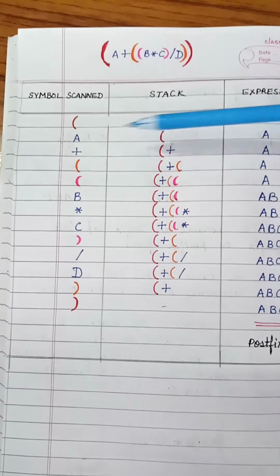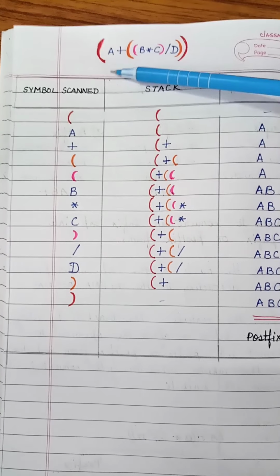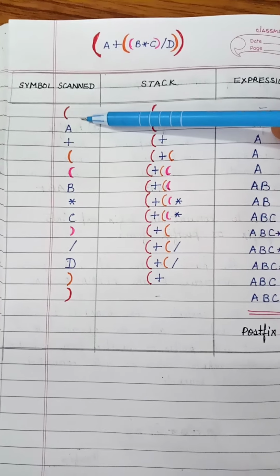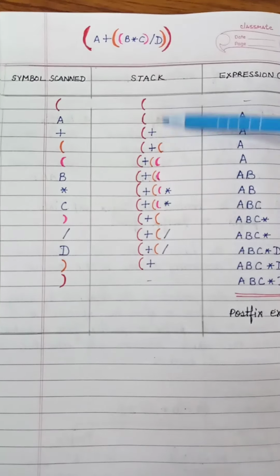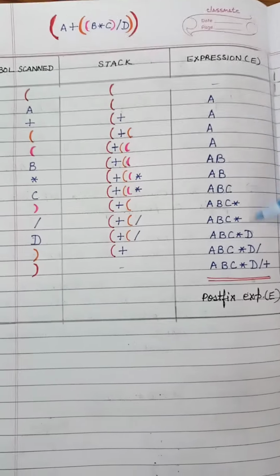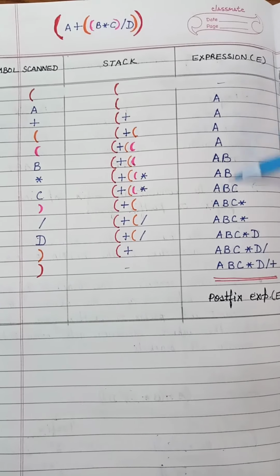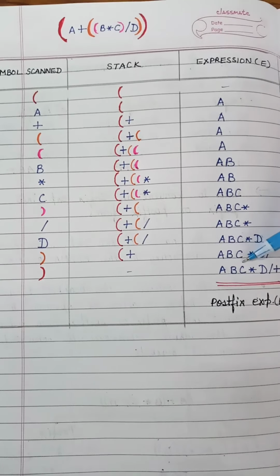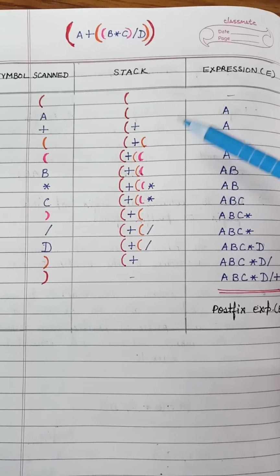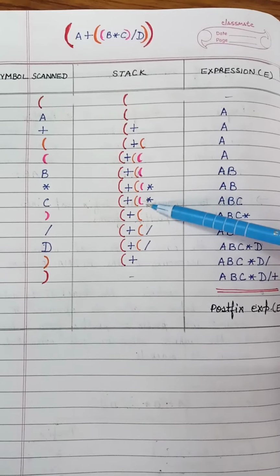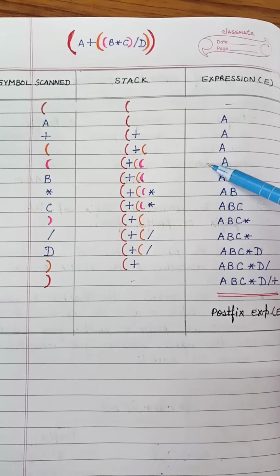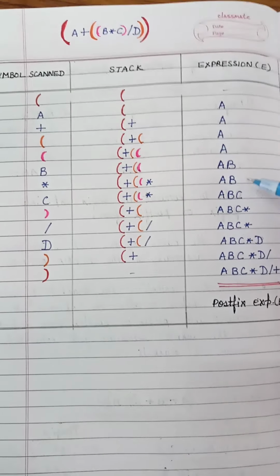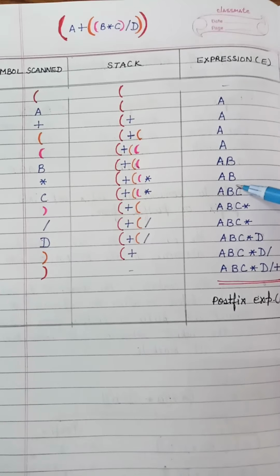Symbol scanned. First we will be getting this red parenthesis, which will be in the stack. In a stack only symbols will be there. In the expression we'll be getting the variables, operands. And whenever any parenthesis is closed, we will be getting the symbols also in the expression.